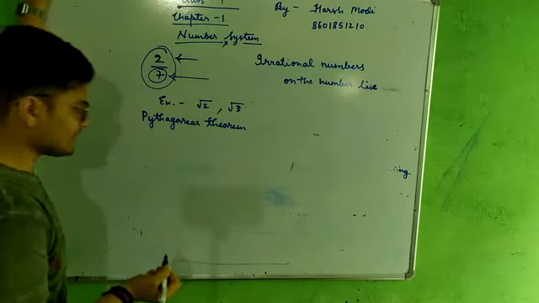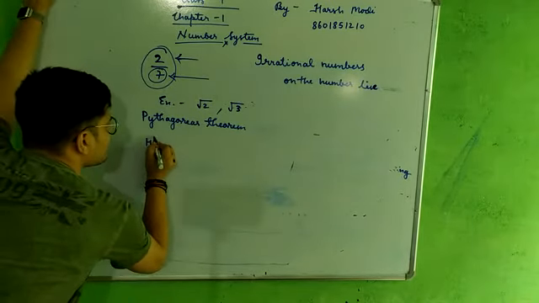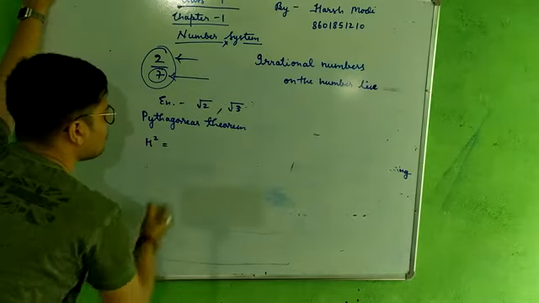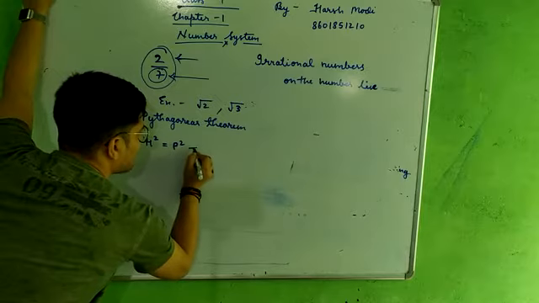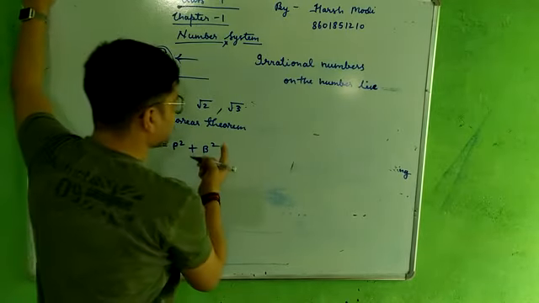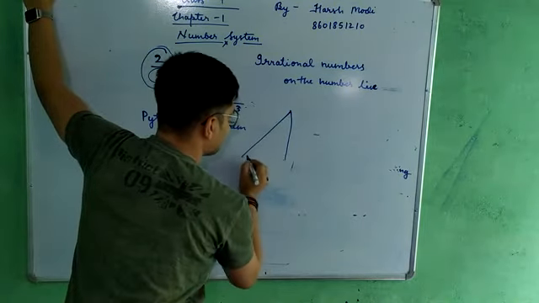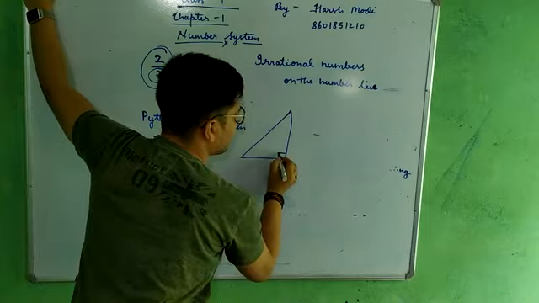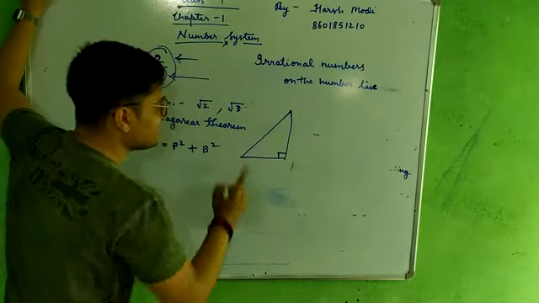In this Pythagoras theorem, what are we getting? Hypotenuse square is equal to perpendicular square plus base square. And this theorem works in a right angle triangle. Right angle triangle means one angle must be 90 degrees.